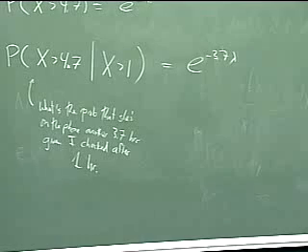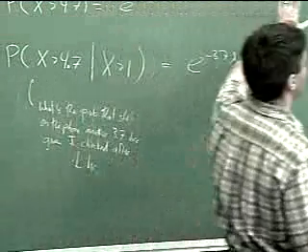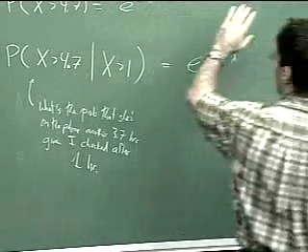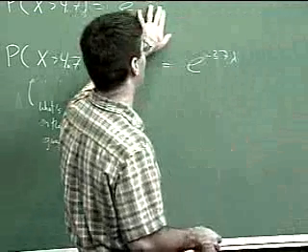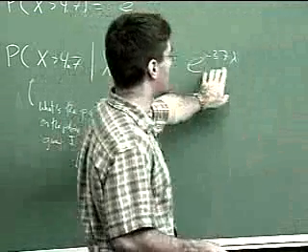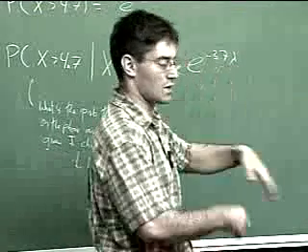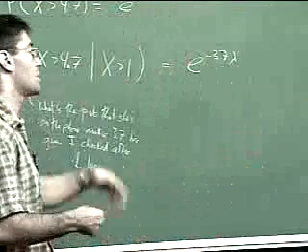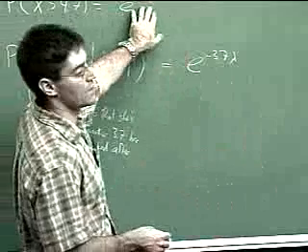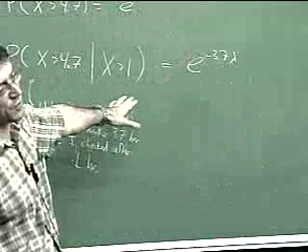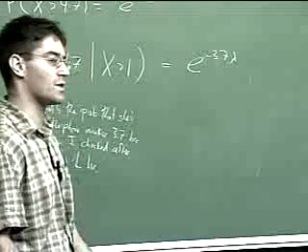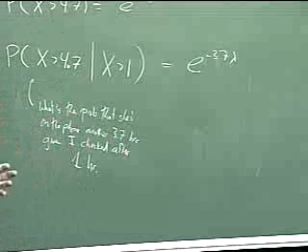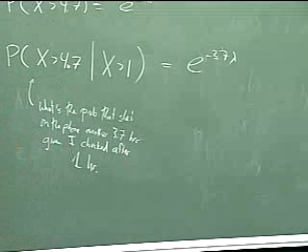If I didn't check on her, the probability she'd be on the phone after 4.7 hours is e to the minus 4.7 lambda, which is smaller than e to the minus 3.7 lambda. Okay, there's a certain likelihood she's going to get off at this point in time. If I check on her after an hour, it's like the whole thing resets. It's like, well, you checked on me, so now I'm just going to continue talking.